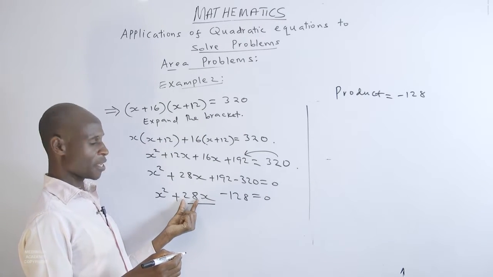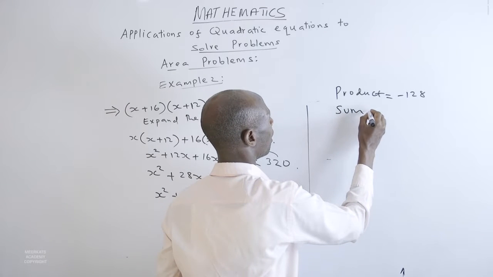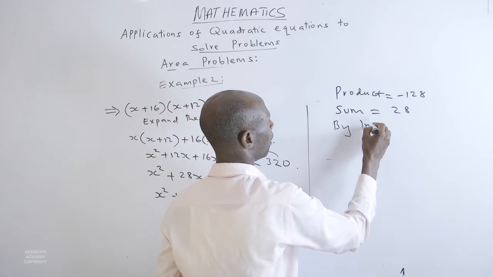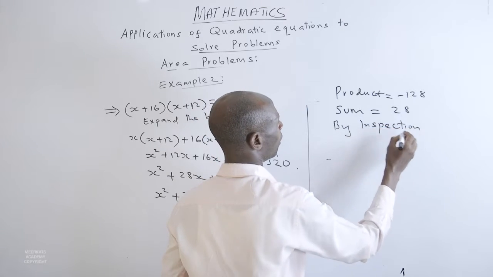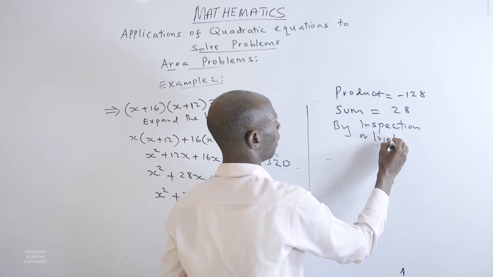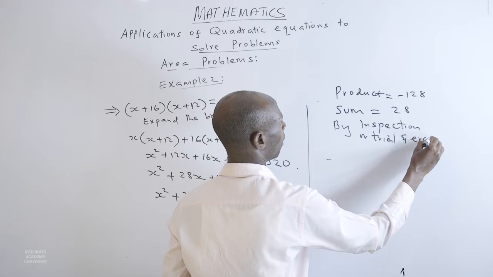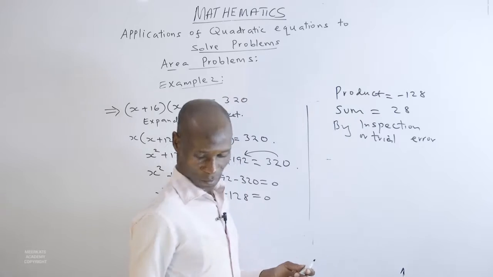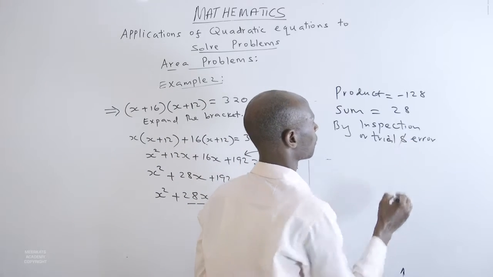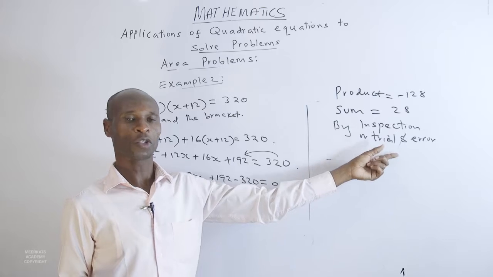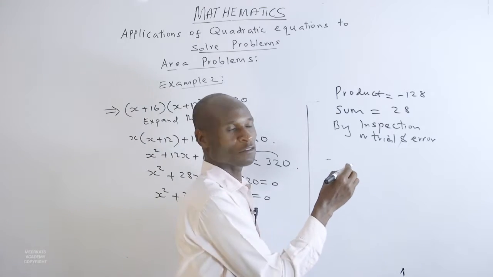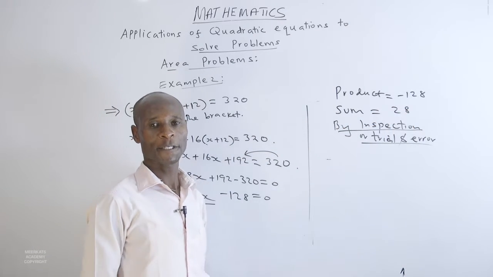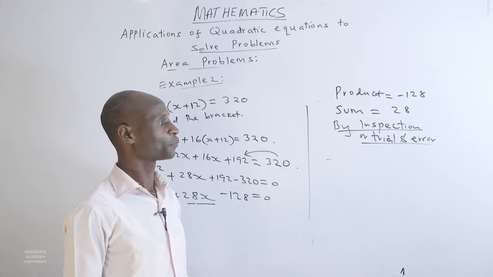Then the sum is 28. We can use inspection or trial and error method to find those factors whose product is negative 128 and whose sum is 28.